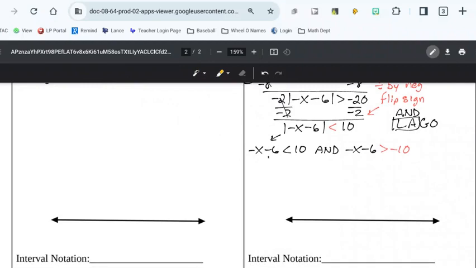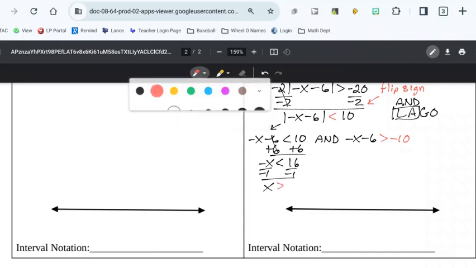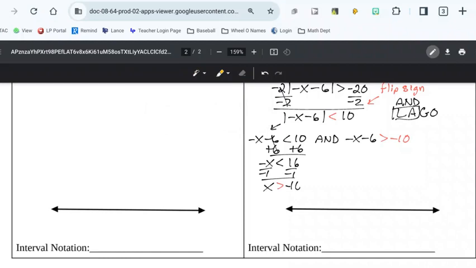All right, let's go ahead and solve. We add 6 to both sides, left with negative x is less than 16. And now we have another sign flip because we're dividing by a negative 1. So we get x is greater than negative 16.